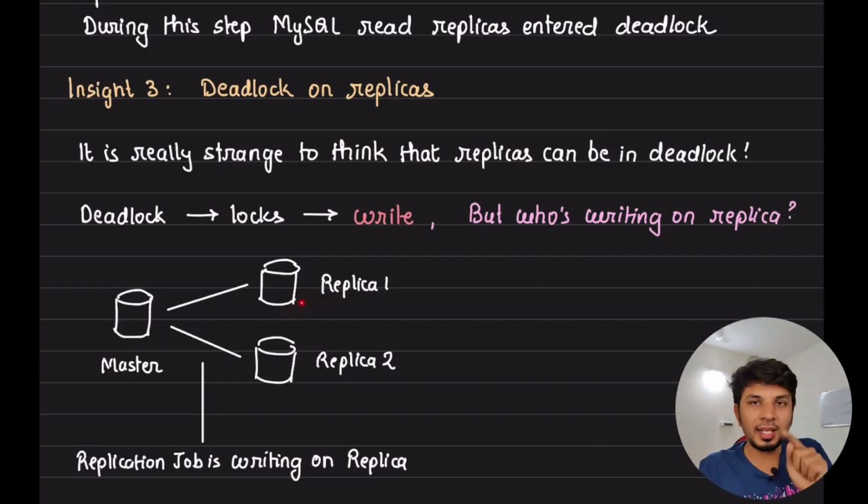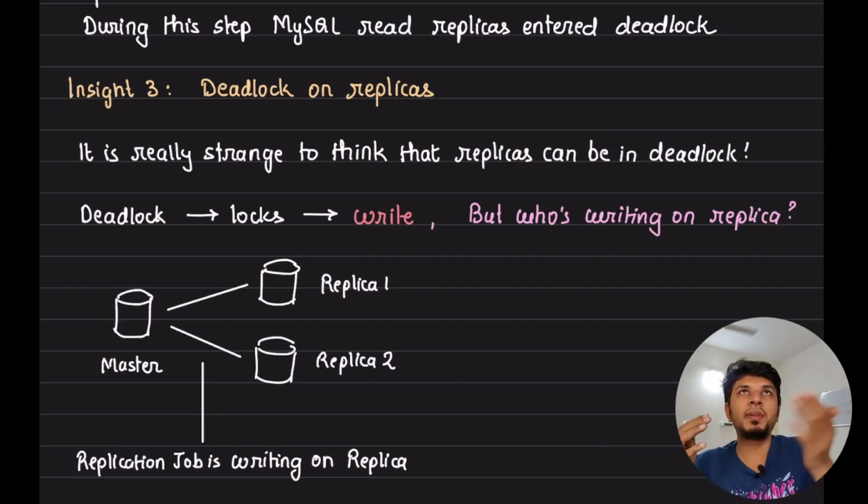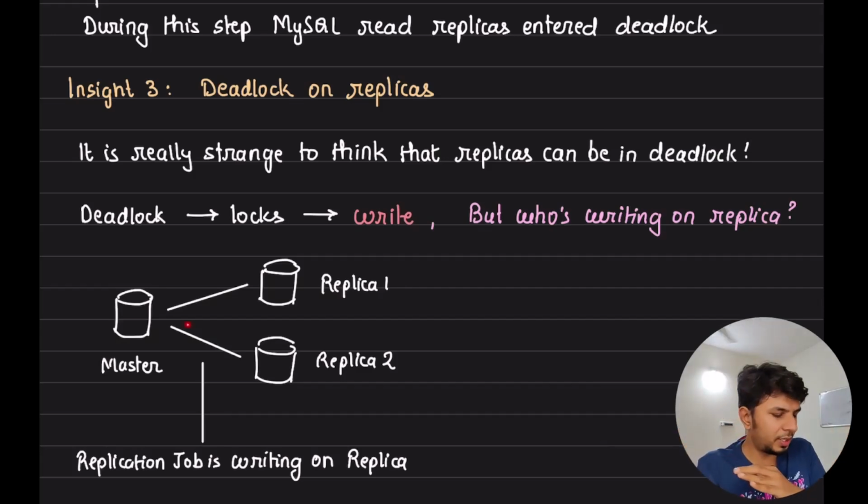So when this happens, your replica can go into a deadlock state. When a replication job is firing that update query, it might take a lock, exclusive lock, shared lock, most probably exclusive lock. That's where the chances of deadlock come in. The exclusive lock would be taken on rows which are read by someone else, which are then read by someone else.